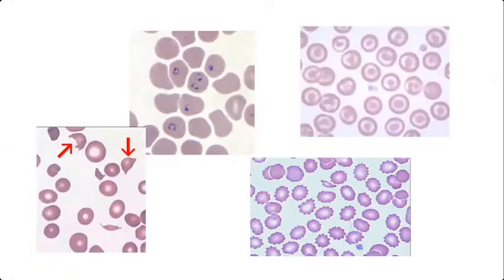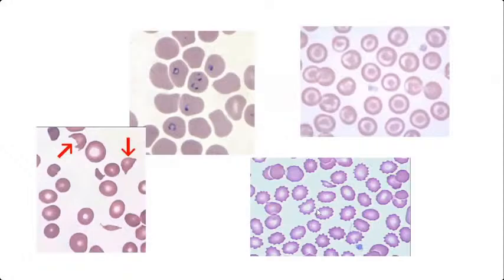You will come across those later as you go through your differential classes. And then the final one down here, what do we have? Yes, TTP, thrombotic thrombocytopenic purpura. Very good. You do get your fragments and helmet cells.